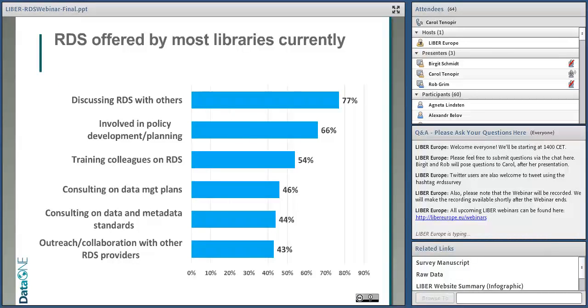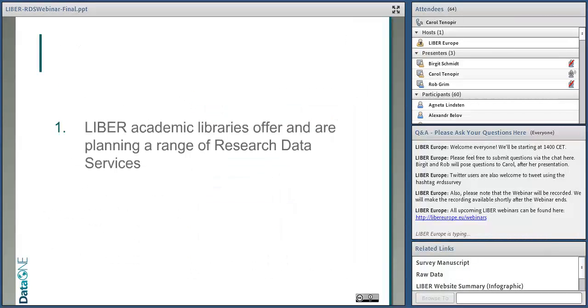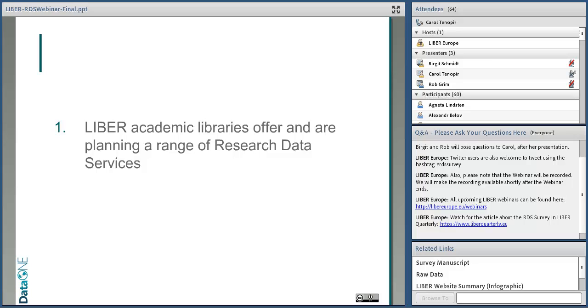So the first finding is to look at the range of services. And I think if there's one key takeaway from this survey, this study, and this webinar today, it is that research data services are not a single service. Not every library has to offer the same suite of services.